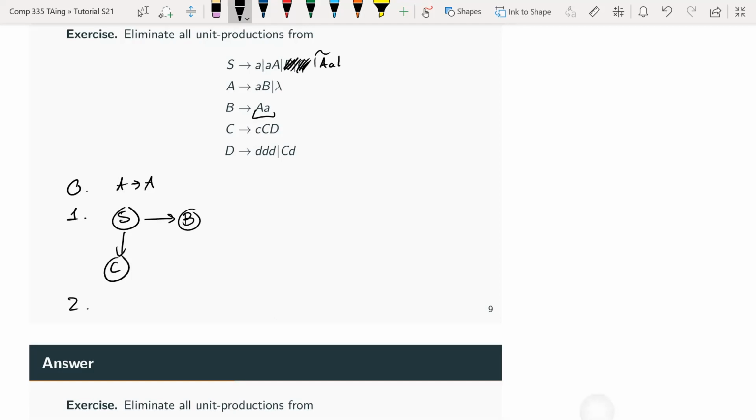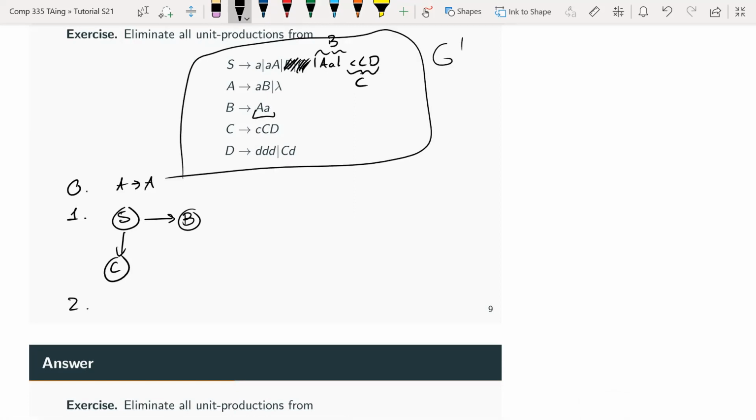And the one from C is CCD. And that's about it, because I don't have any more derivable unit productions. So this would be an equivalent grammar G prime without any unit productions.